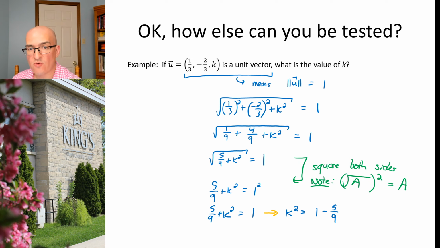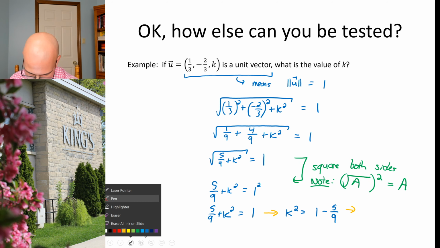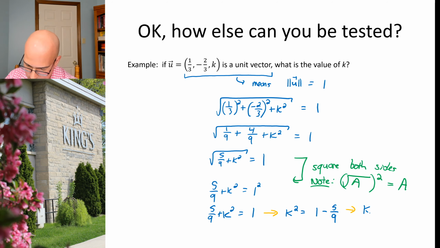That 1 is really a 1 divided by 1. I'm going to multiply top and bottom by 9. So k squared is equal to 9 over 9 minus 5 over 9. Another way to think about this is I've replaced the 1 with a 9 over 9, which is 1. Same thing top and bottom.